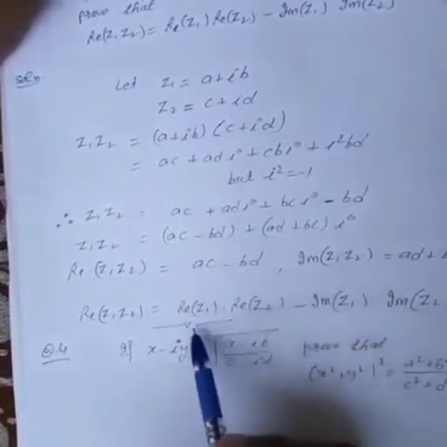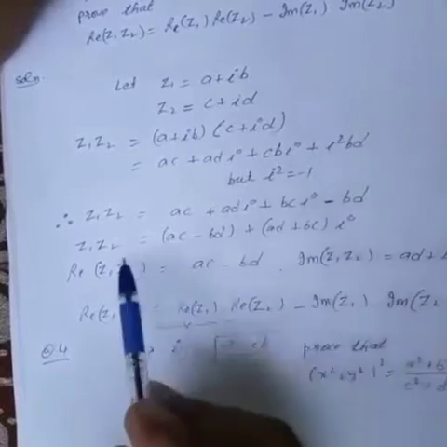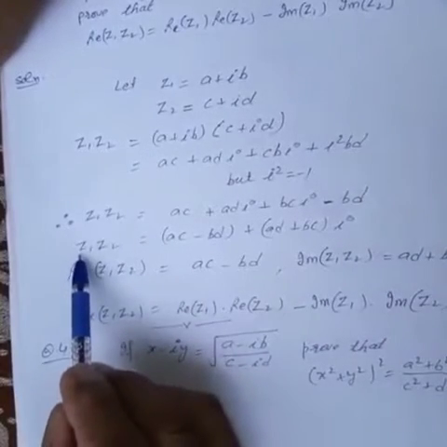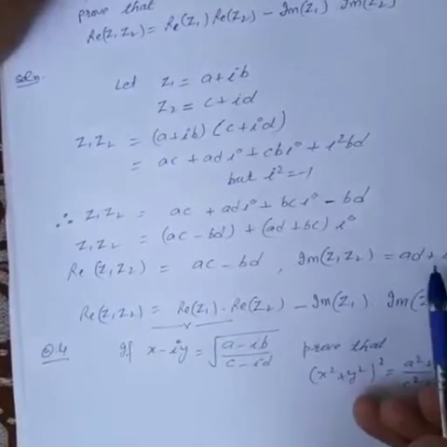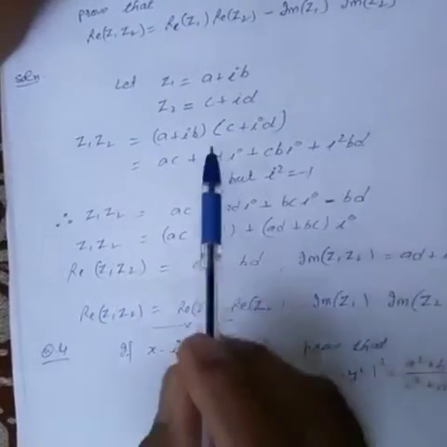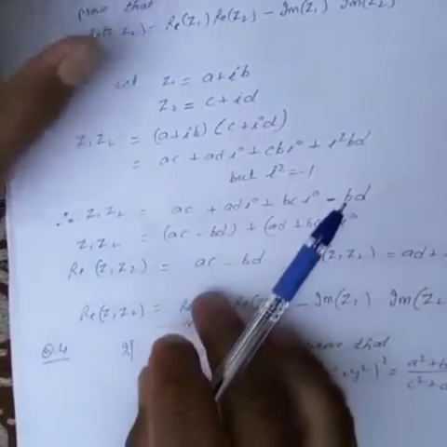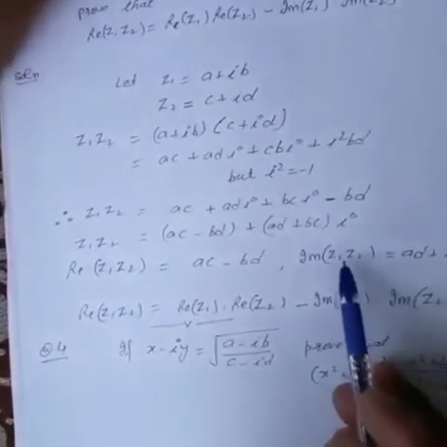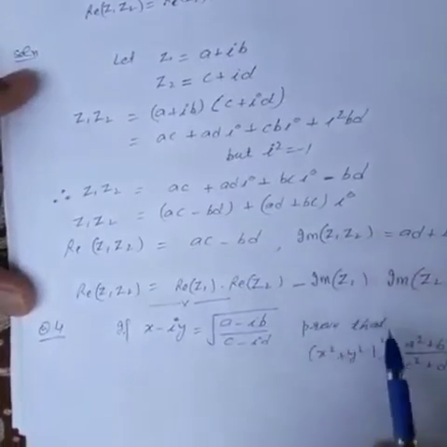So you put the values and this is what we have to prove. Similarly, we can evaluate the imaginary part of z1 z2. It will be AD plus BC. You put the values of AD and BC and you can prove the second part also, which is very easy. I hope it is clear.